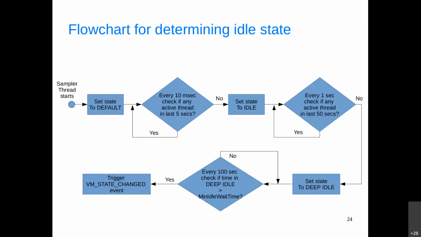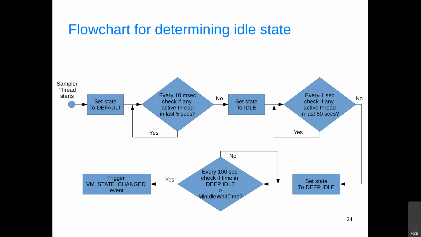The parameter that it uses for transitioning through these states depends on the number of active threads in the JVM, which is also a measure of the load on the application.